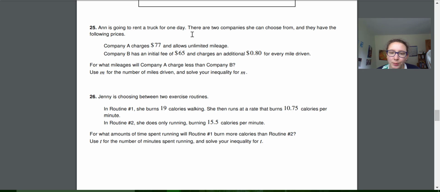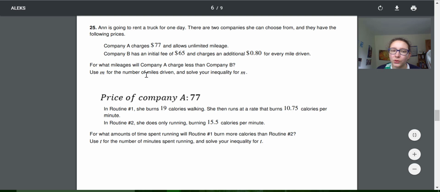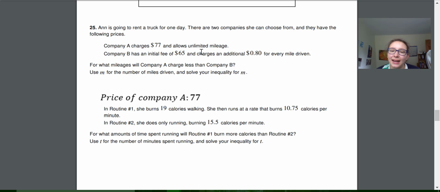So to set this up, they want us to use M for the number of miles that you drove. So what's the total price that Company A charges? Well, they charge 77 no matter how many miles you drive. So you'd write 77 for Company A's charges, and then Company B charges $65, and then 80 cents for every mile.